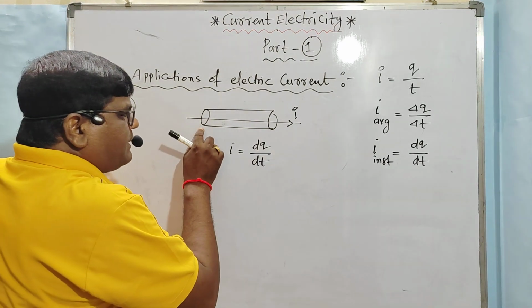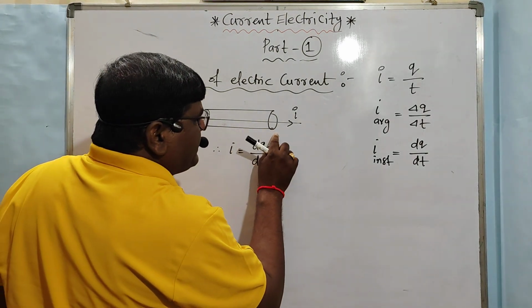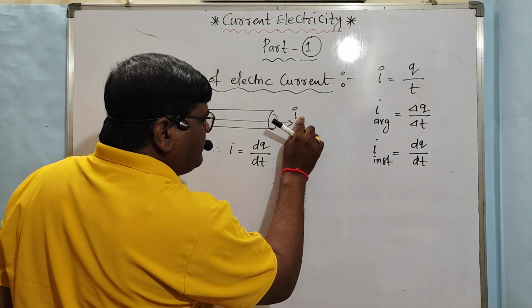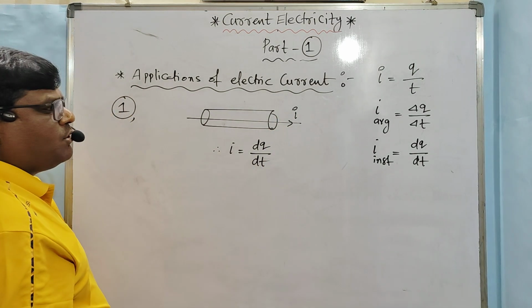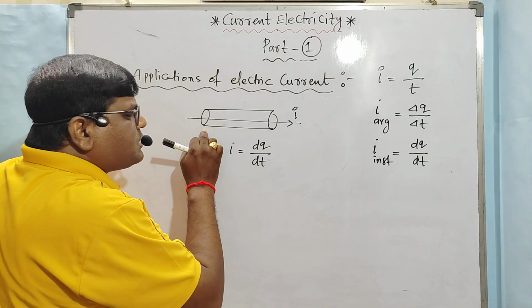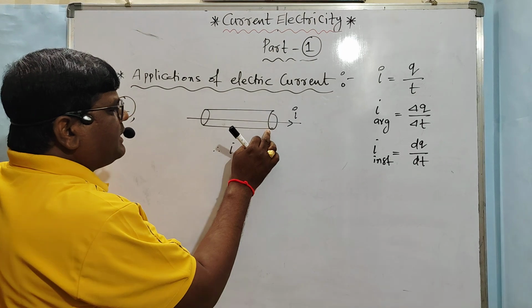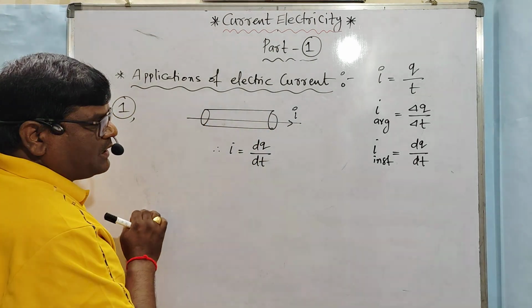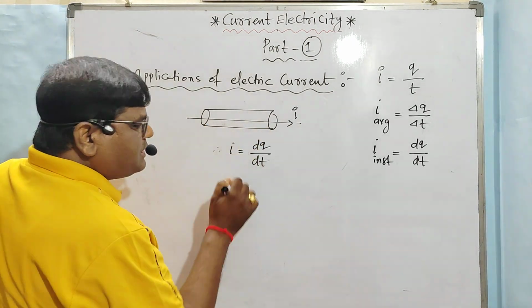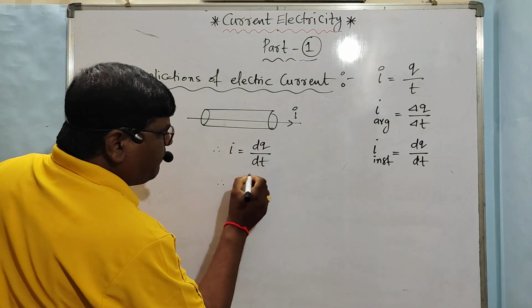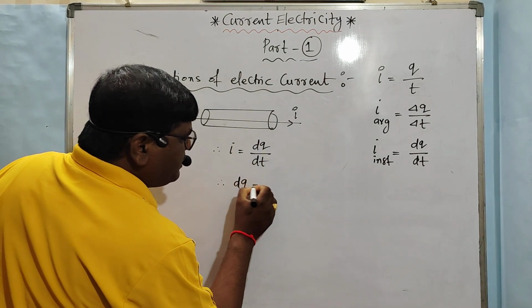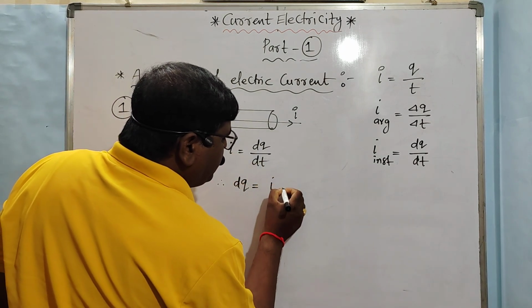Whenever the current I is flowing through this conductor, how much charge is crossing from one end of the conductor to the other end? So how can we find the charge here? From this formula, we can write dq is equal to I into dt.